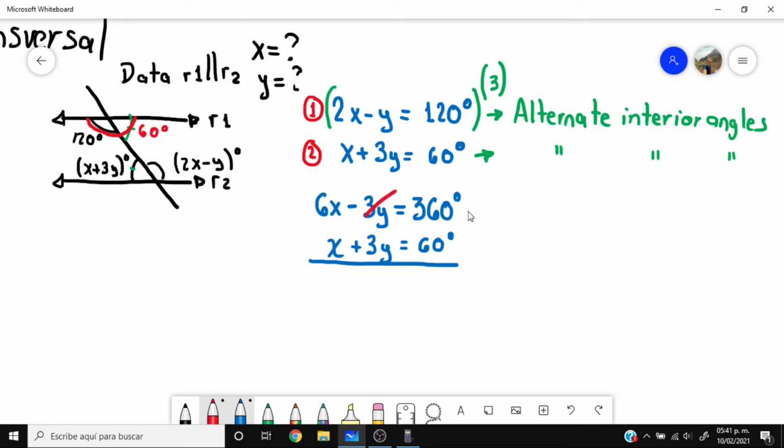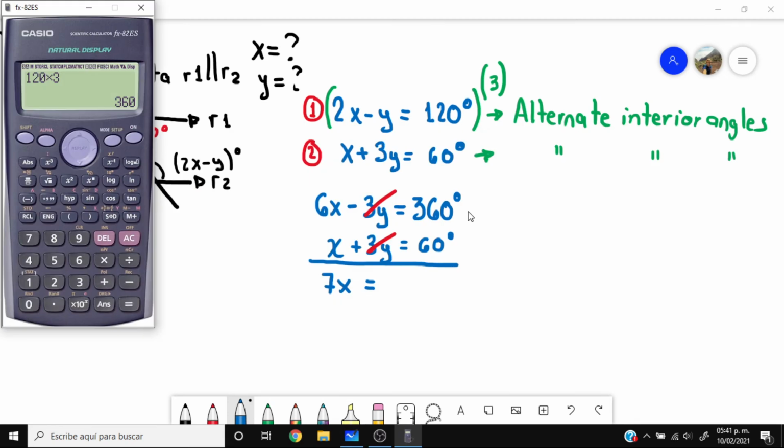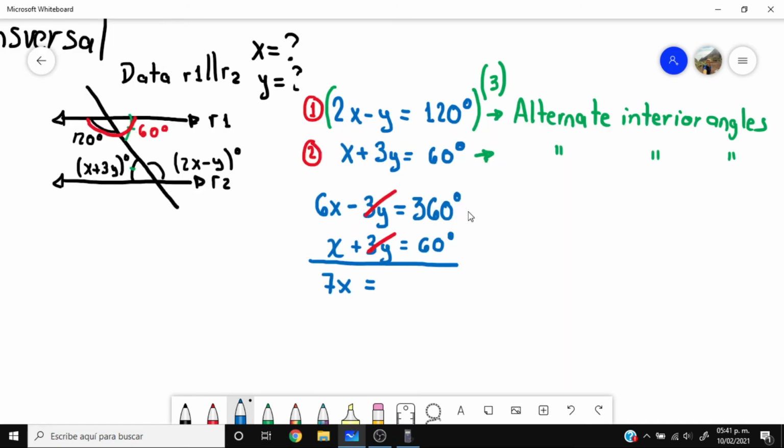So this is going to be canceled with this. So 6x plus x is going to be 7x equals 360 plus 60. It's going to be 420 degrees. Okay, so x equals 420 over 7.